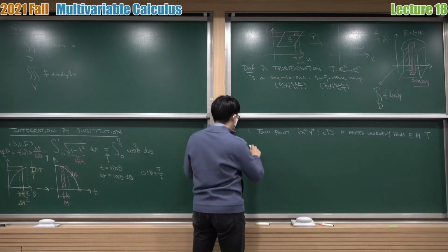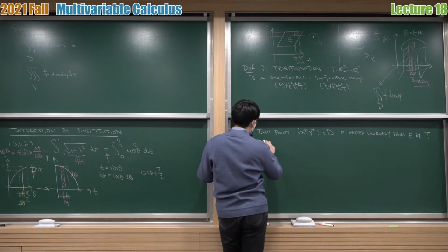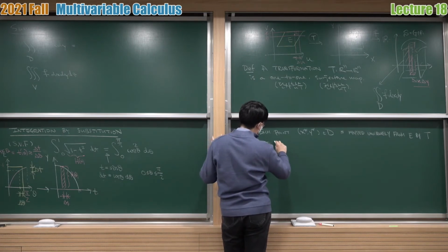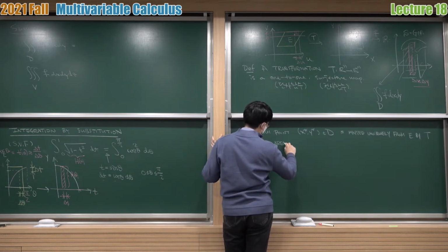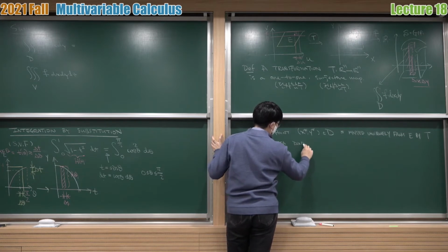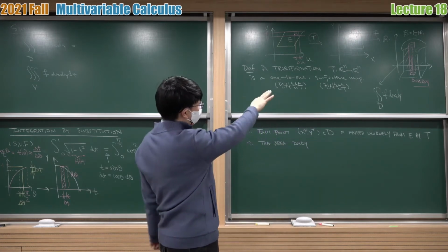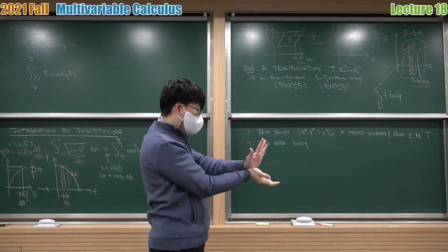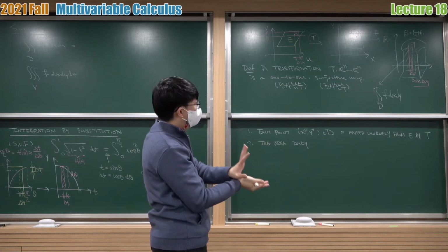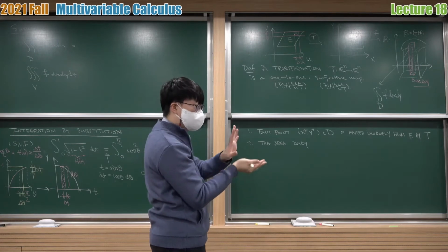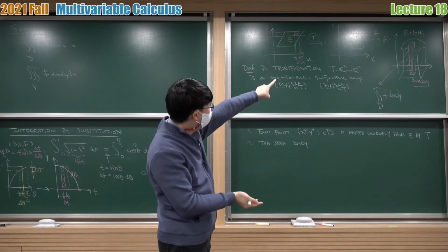And second, the area. Although in this case we take D as a rectangular cube, delta x delta y doesn't change at the point x star and y star.